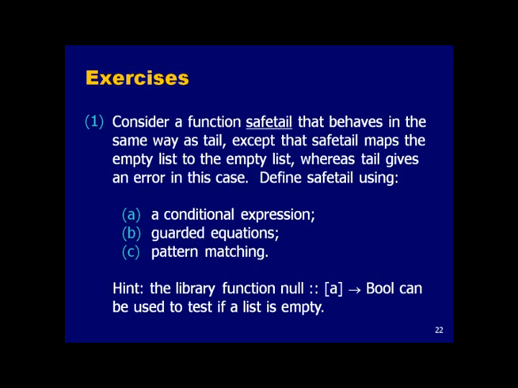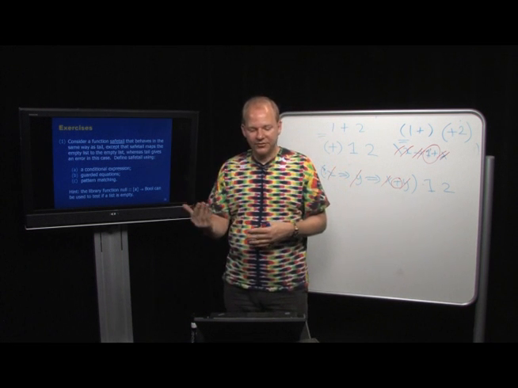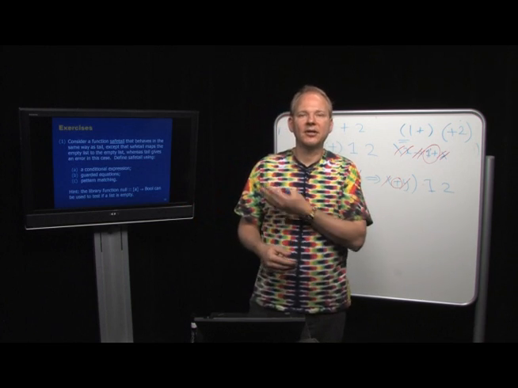A couple of exercises. As I said, one of the exercises was to define AND in terms of double dispatch. Here is another one that is called safe tail. Except when you have the empty list, it returns the empty list. And the question is to define them in a couple of ways. And again, there's a library function that checks whether a list is empty.